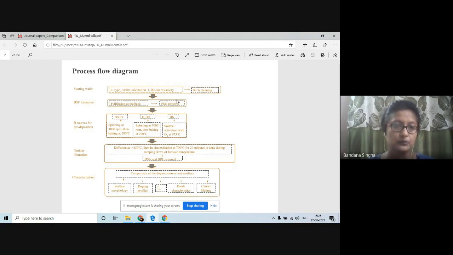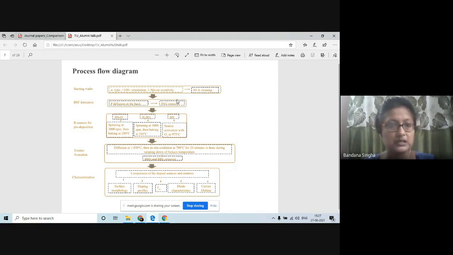For the boron spin-on dopant, the commercially available Filmtronics source, it's spun at 3000 RPM, and then a baking step is required to evaporate the organic binders in that dopant source. In the case of the boric acid source, we make a solution using 2% weight by volume of boric acid in ethanol.